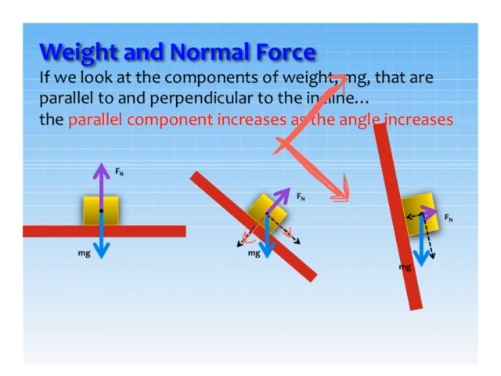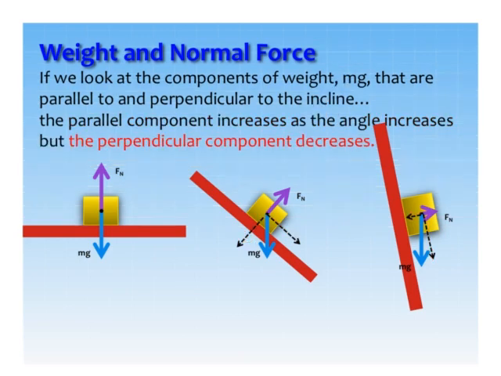And what we notice is that as we tip the incline even greater, like this last picture, one of the components, the one down the incline, the parallel one, becomes much greater, and the other component, which we will associate with the normal force, becomes smaller. The perpendicular component is decreasing, while the parallel component is increasing.